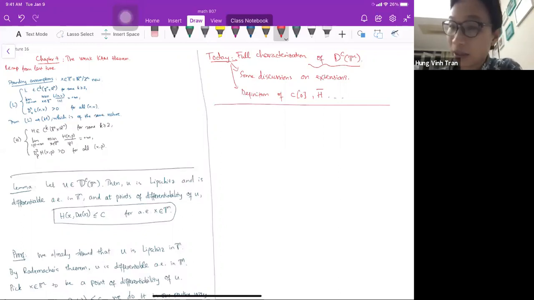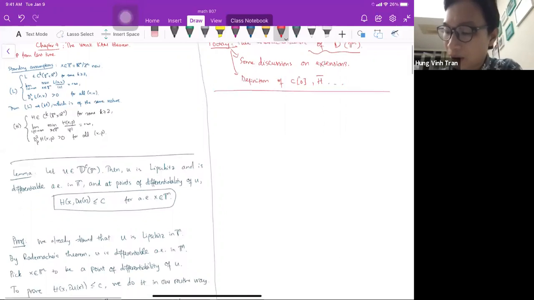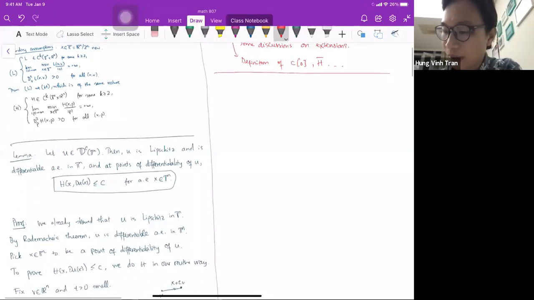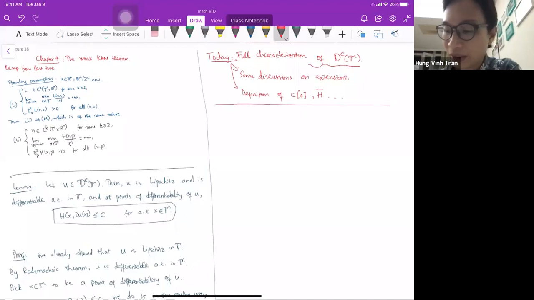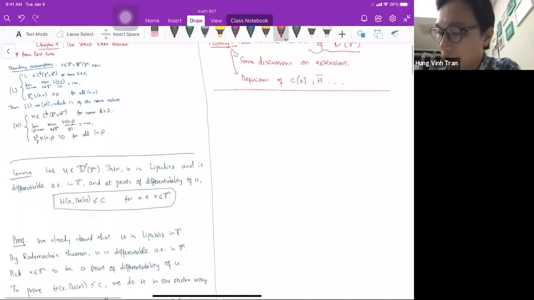And as always, stop me, discuss with me, or fill me in with anything that you feel is not clear. All right. So I quickly recall the setting we did last time. The set of assumptions in this section is always the same. L and H are smooth enough, superlinear, and locally uniformly convex.